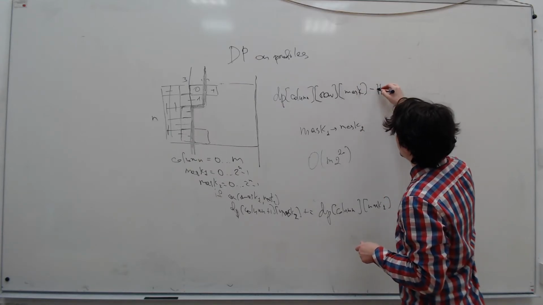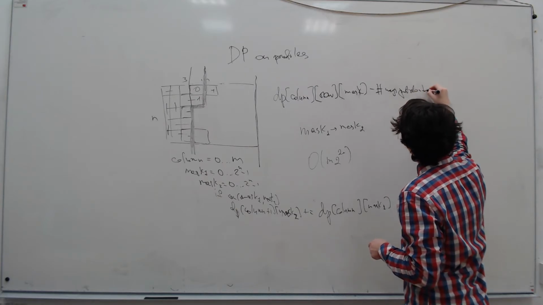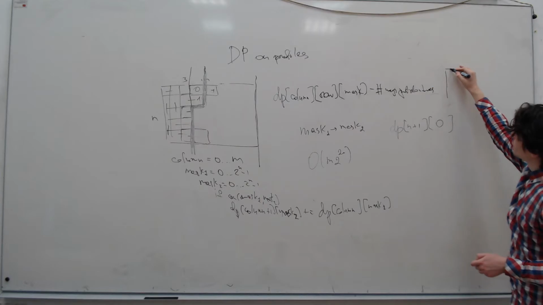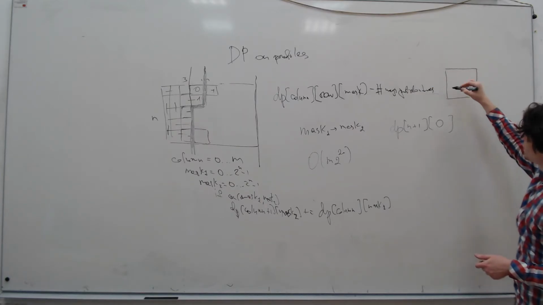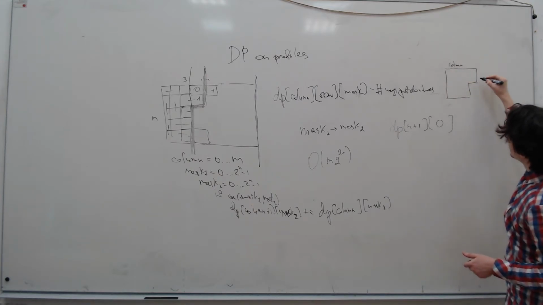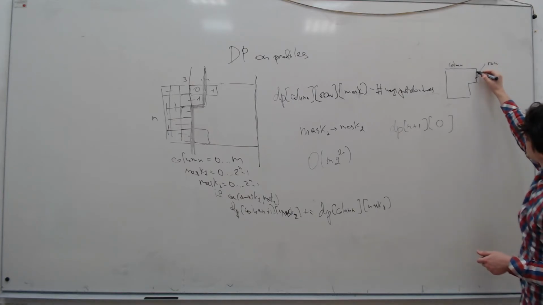This will be the number of ways to put dominoes to the following. This is the column, this is the row, and the mask is here.